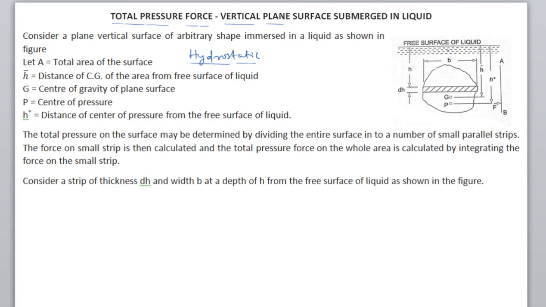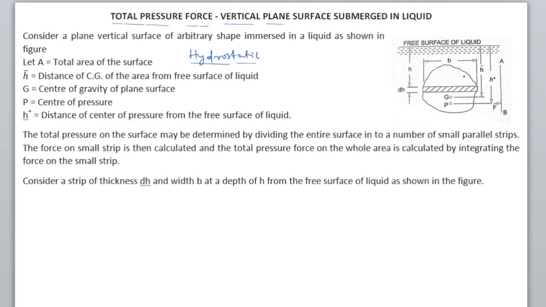You can refer to this figure. Sometimes your surface can be at the surface of the liquid. Sometimes it may be inside, completely submerged, or a few distance apart from the free surface of the liquid.